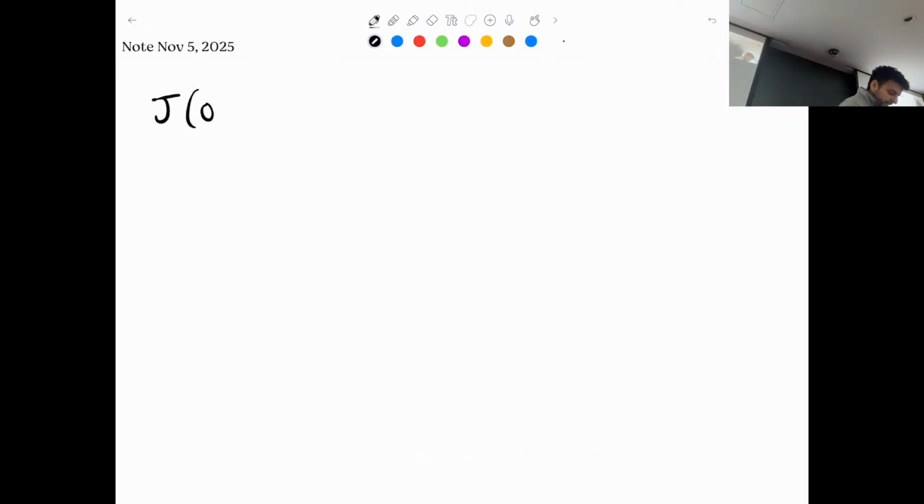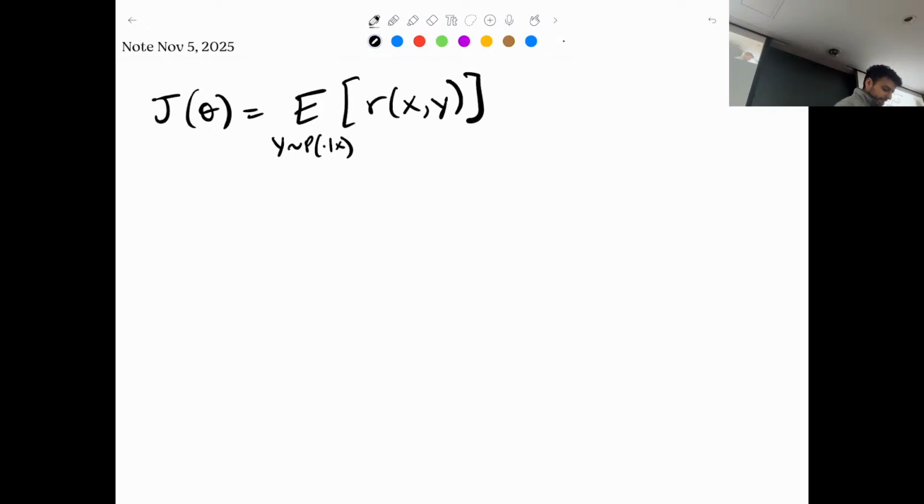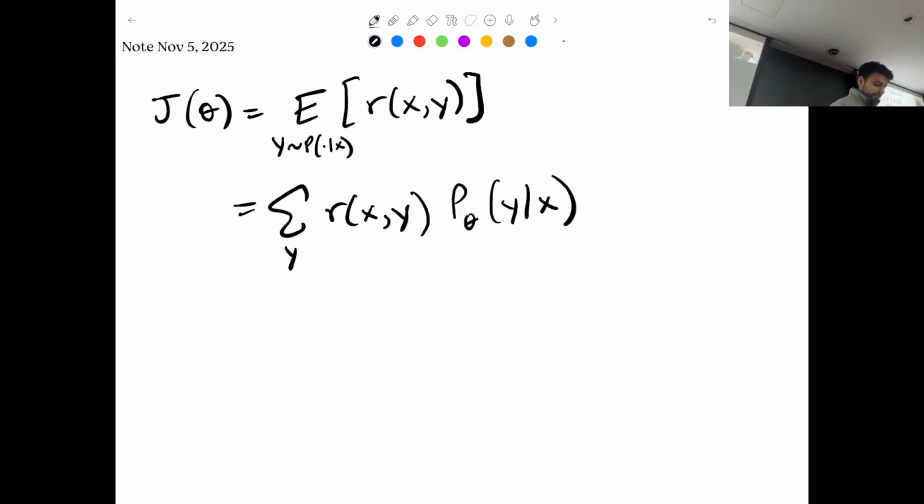So again, this was the formula that we wrote down for what we want to maximize with REINFORCE, which is the expected reward, right? And here I'm writing it down for a particular prompt x. Now, we can expand this into a sum over all possible y's of the reward associated with that particular y times the probability of that y under our policy model.